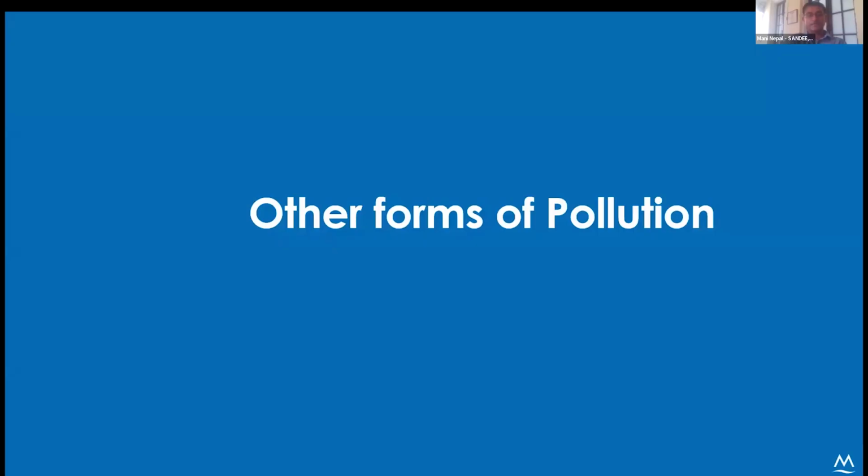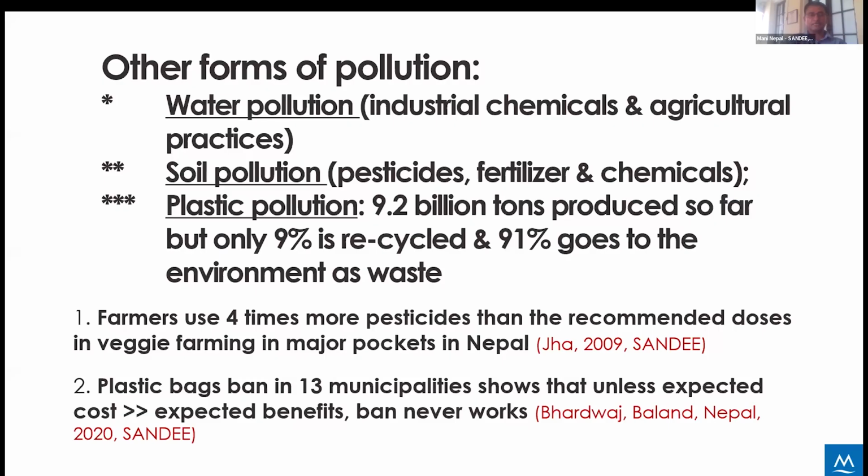Okay. And of course, there are other forms of pollution. For example, water pollution. If you just go outside and see the water bodies in your country where you are living in the region, you'll find out how polluted our water bodies are. Like soil pollution, which is basically not visible, but if you think of how much chemicals we are using in our agriculture, like pesticides, which kill not only the bad or harmful insects, but also good insects like bees. And bees are the pollinators.